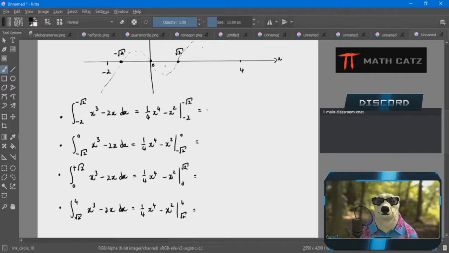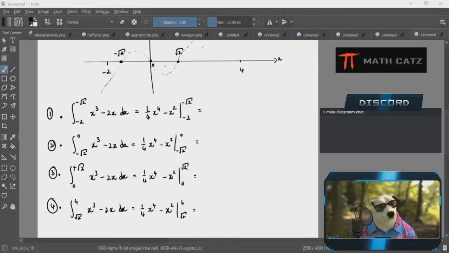I'll calculate a couple, and then let's suppose here we get 1, 2, 3, 4 different areas. Some of them are going to be negative, some of them are going to be positive. Let me calculate the first 2 for you in our last 3 minutes, and then you can do the rest because it's just calculator work.